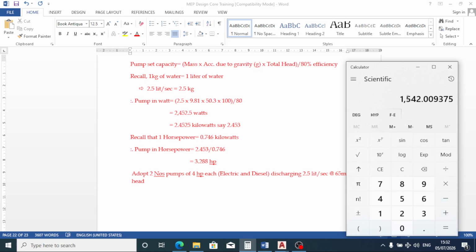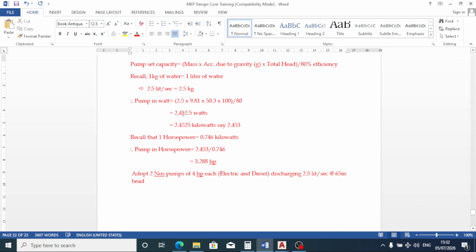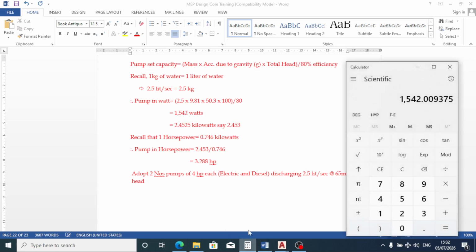We'll be having 1,542 watts. 1,542 watts. Do we need to round up? No, I think since this is 00, we can just leave it as 1,542 watts.